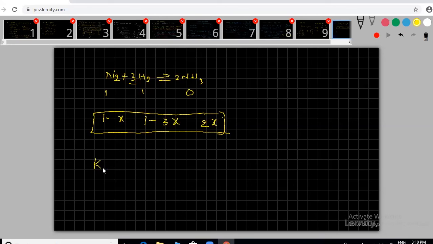Kp equals, whatever they have given, you can write in terms of number of moles, because most of the time they are giving in terms of number of moles.